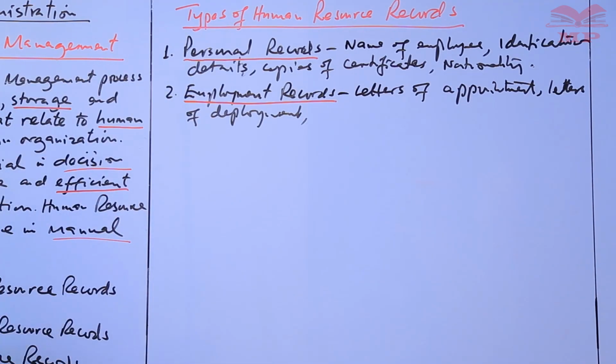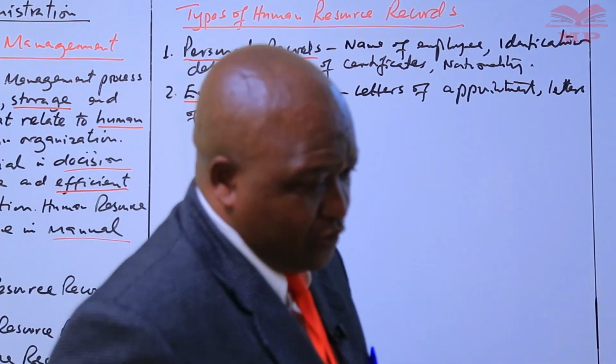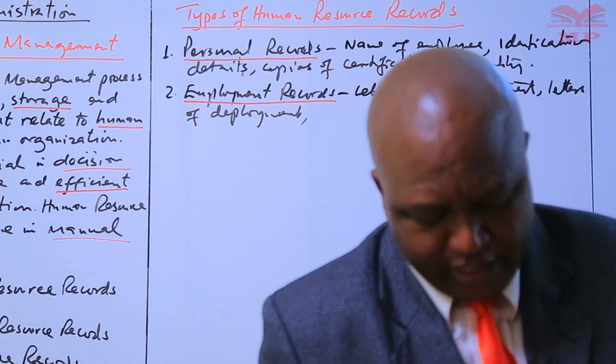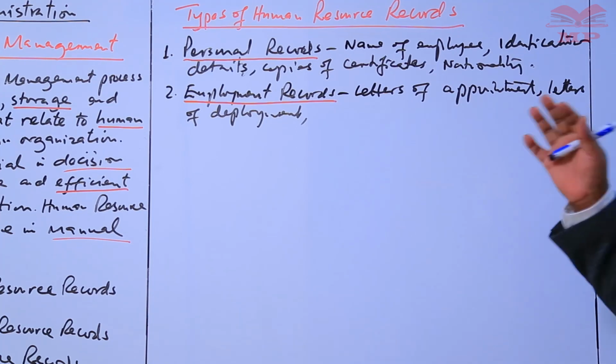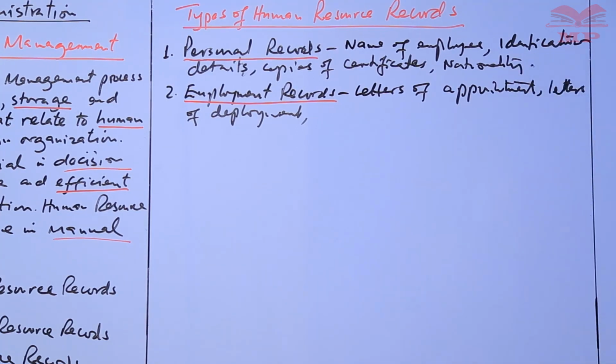So what you're saying here, when it comes to the employment records, is when did this particular employee, for example, commence their job, where have they been deployed, which duties have they, for example, undertaken. So employment records will capture this particular kind of information.